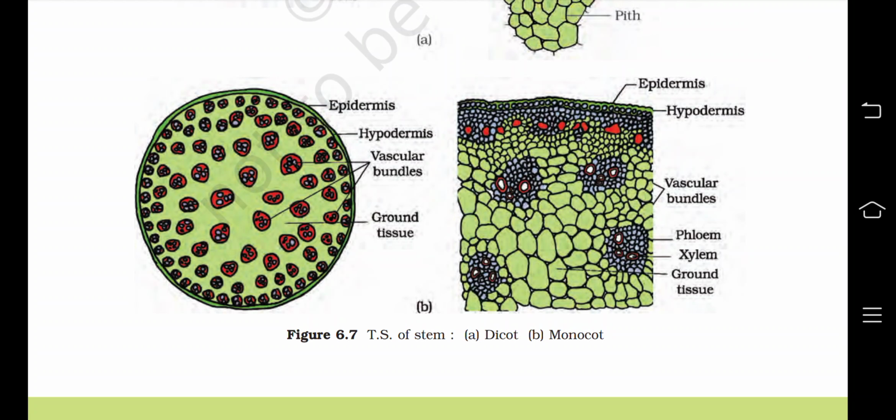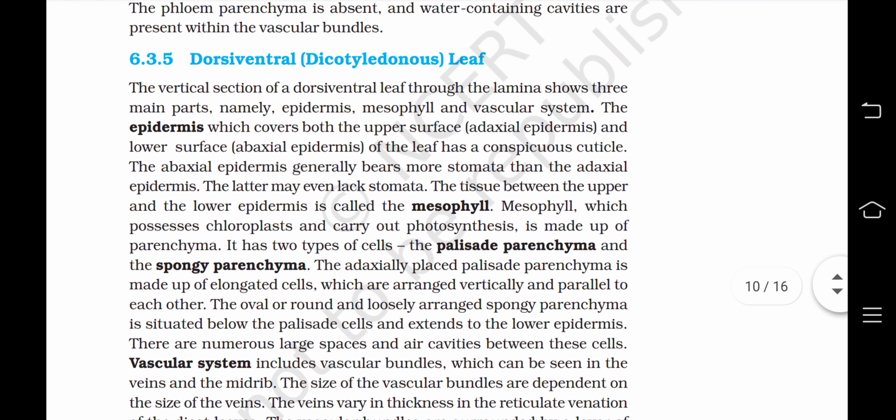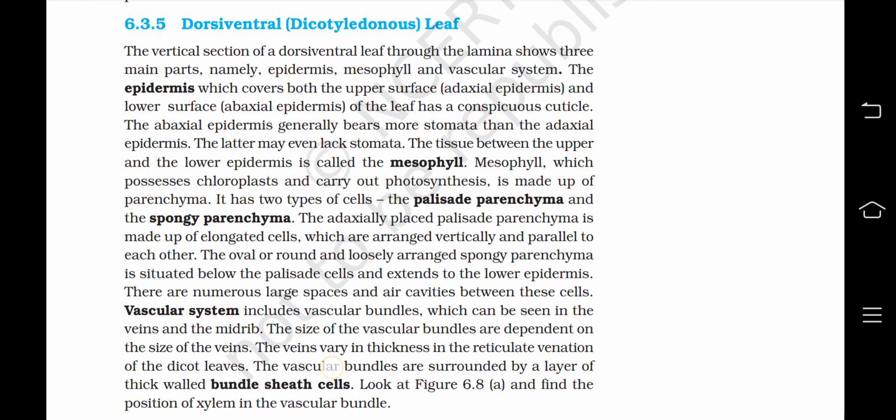Now let's talk about the dorsiventral dicotyledonous leaf. The vertical section of a dorsiventral leaf through the lamina shows three main parts, namely epidermis, mesophyll and vascular system.